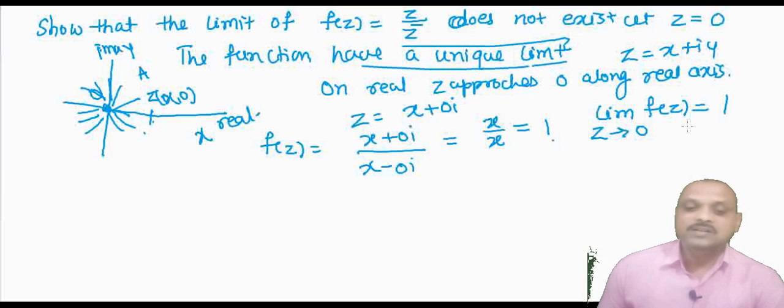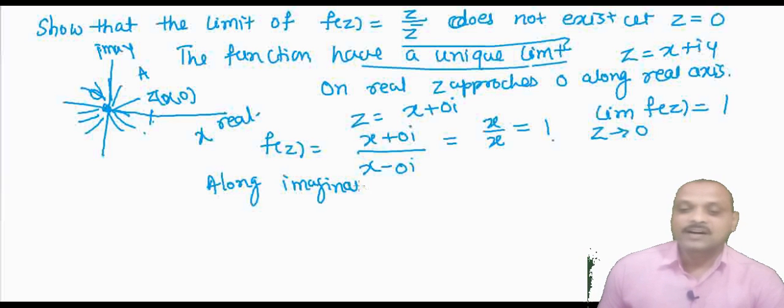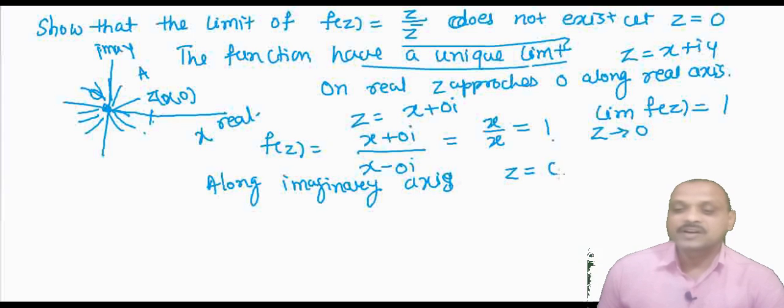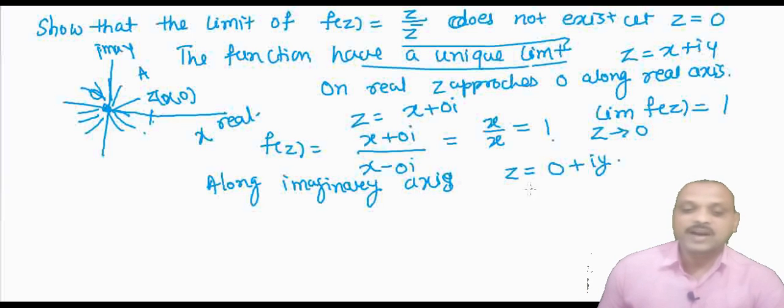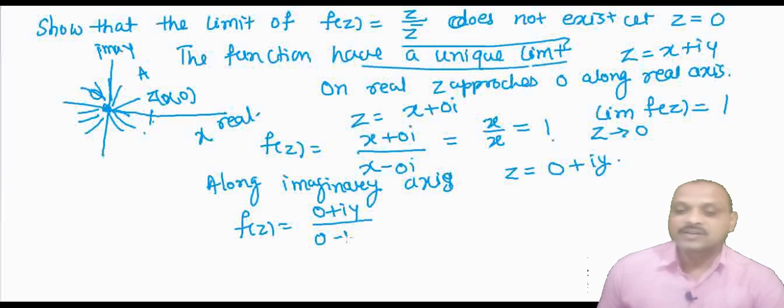Now along the imaginary axis, you know that on the imaginary axis x is 0, so z is equal to iy. Now as z approaches 0 along the imaginary axis, the value of f of z will be 0 plus iy divided by 0 minus iy, equal to iy divided by minus iy, and that will be minus 1.